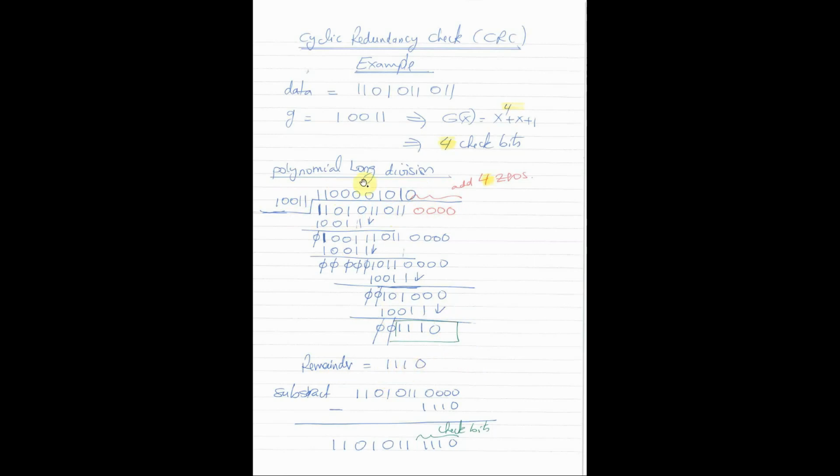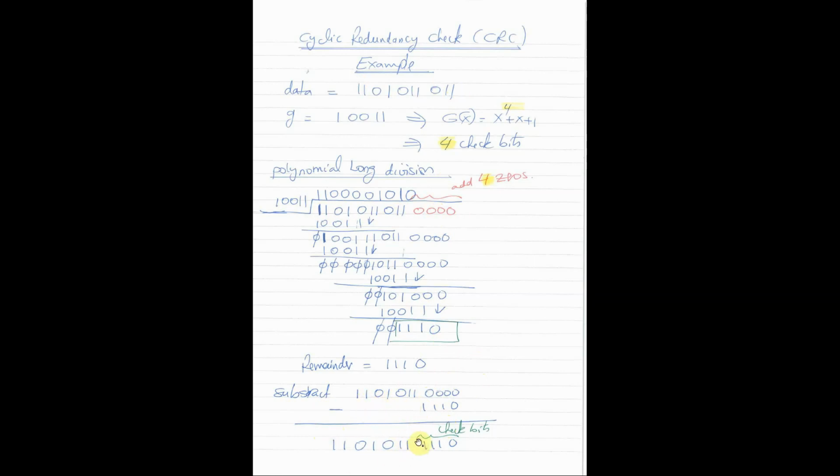What I do is that I take the original sequence, including the zeros, which was 1, 1, 0, 1, 0, 1, 1. This was the data. And then I put the 4 zeros as they are, and then I subtract the remainder. When I subtract the remainder, I get the same data as it is because I have zeros here.